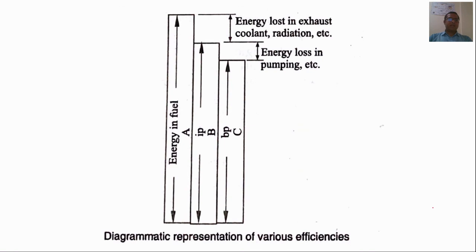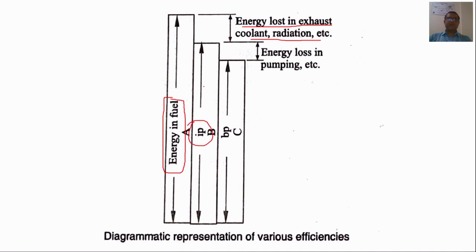Now the diagram which appears on your screen represents the various efficiencies we discussed here. First we supply the energy in the form of fuel in the combustion chamber, and it is converted into thermal energy, and some portion of this thermal energy is lost in exhaust, coolant and radiation, and the remaining portion is available as indicated power.